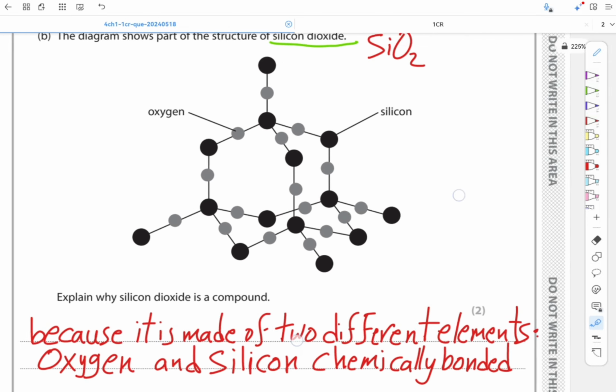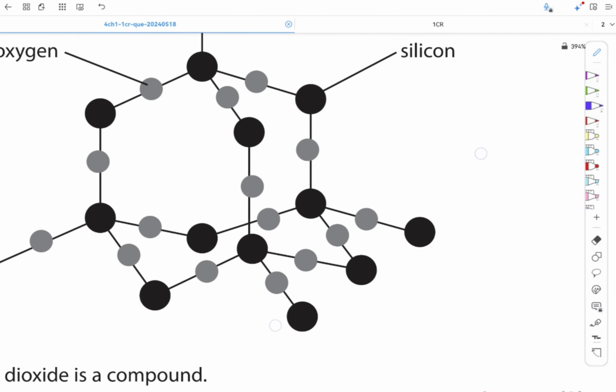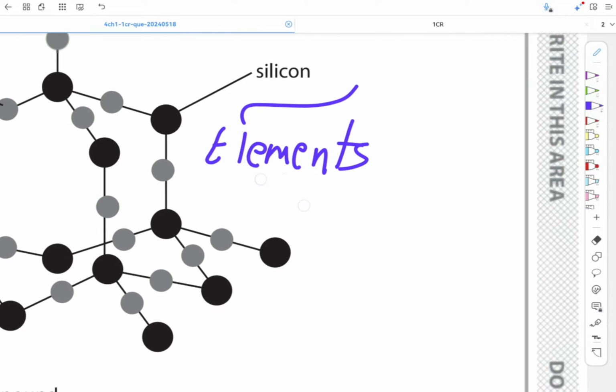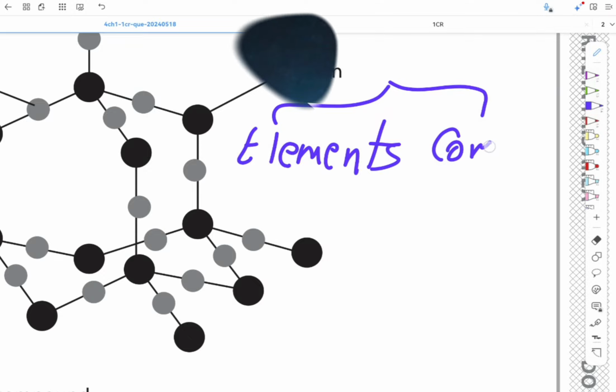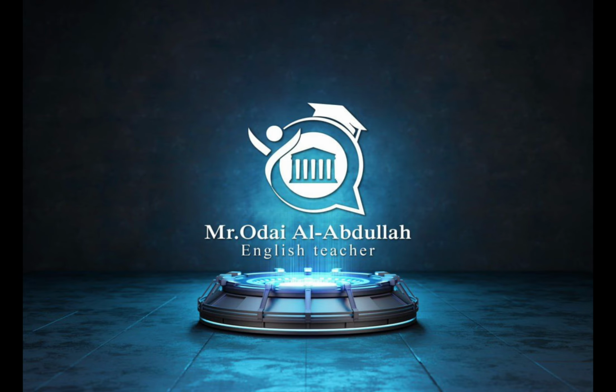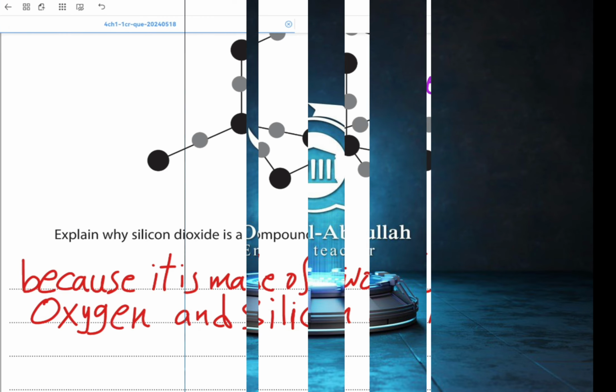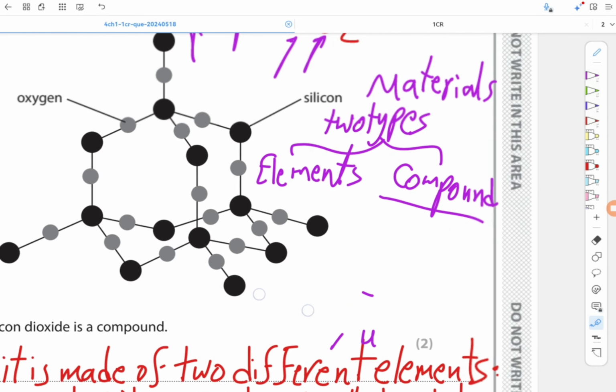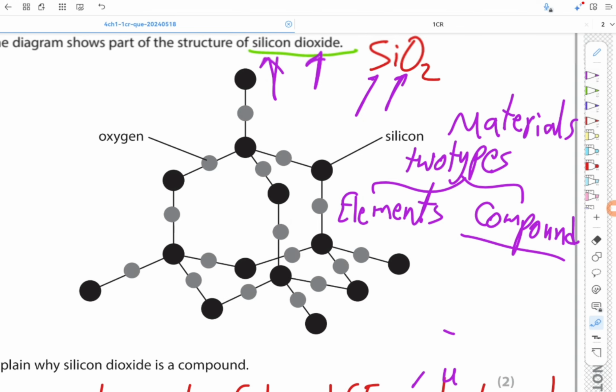As we said before, my friends, we have 2 types of chemical materials. We have elements and we have what? We have compounds. The first type is called the elements.